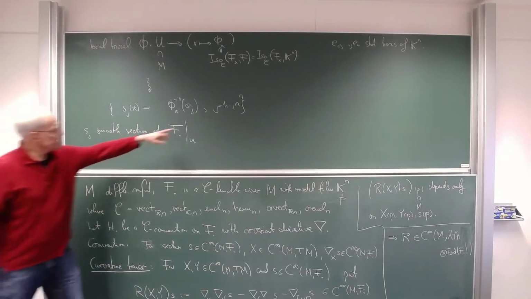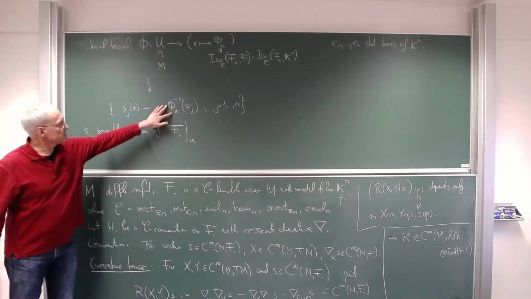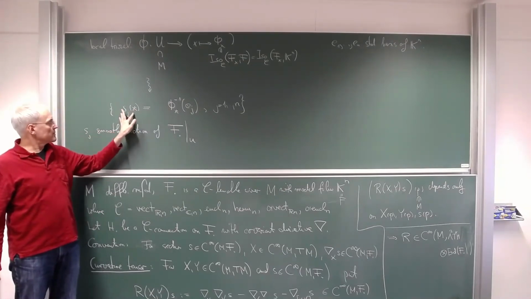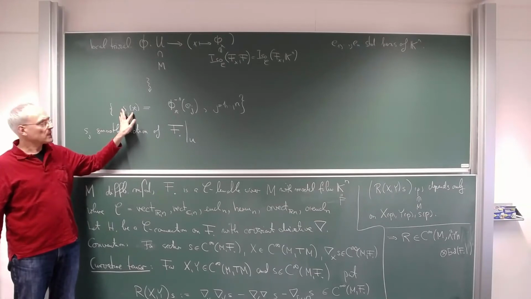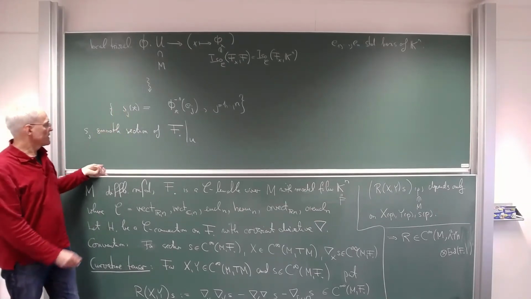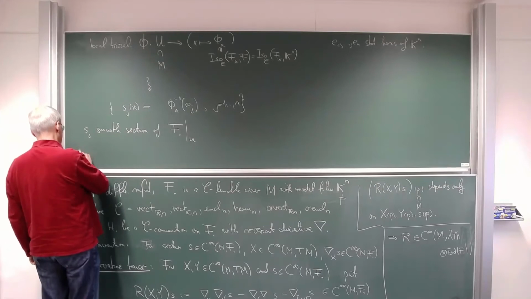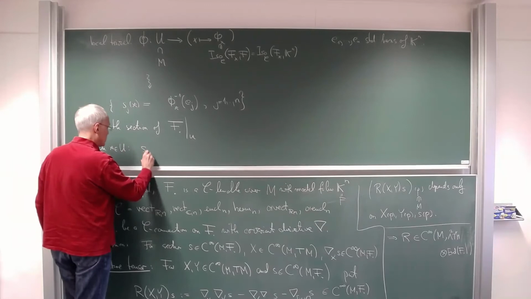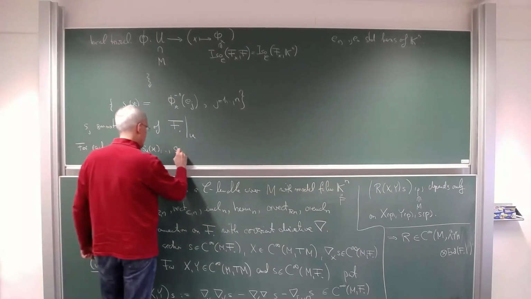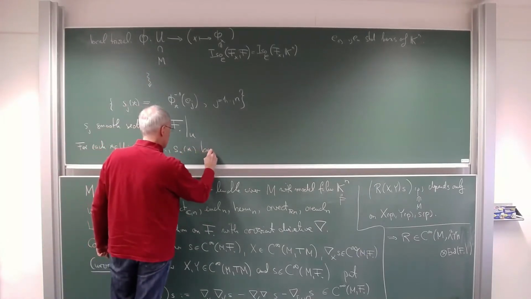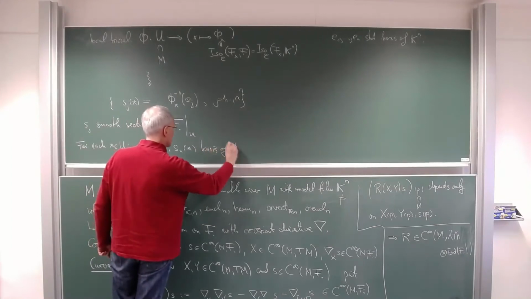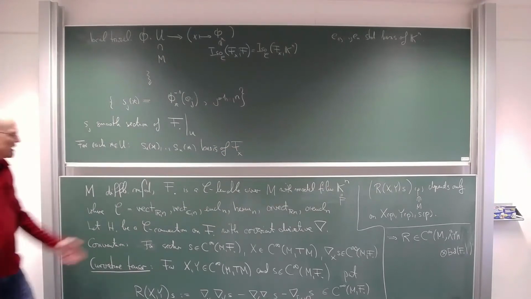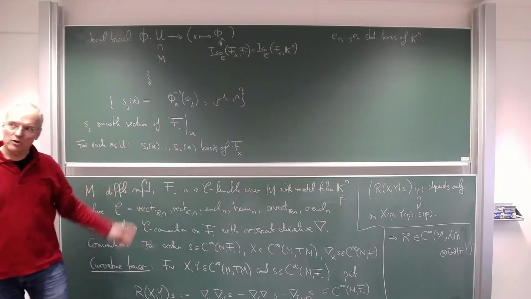But moreover, since these are basis vectors and these are linear isomorphisms, in our case for vector bundles, then these are basis vectors for each x. So that's the crucial thing. So for each x in U, S1 of x up to Sn of x is a basis of the corresponding fiber Fx. So each element in the fiber can be uniquely expressed as a linear combination in these vectors.